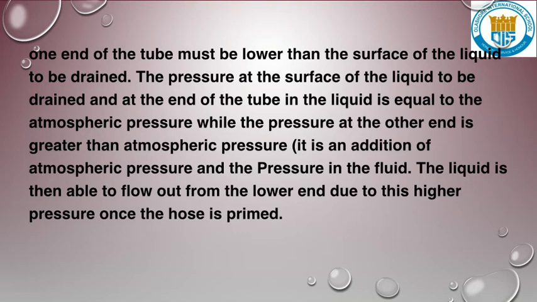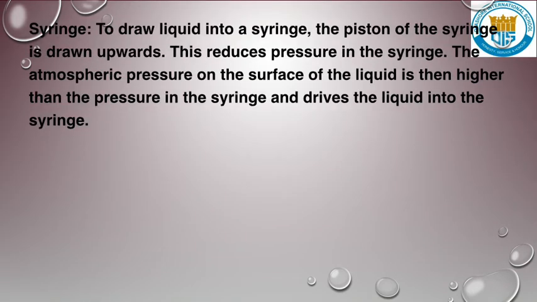Then the pressure at the surface of the liquid to be drained at that end is equal to the atmospheric pressure, while the pressure at the other end is greater than atmospheric pressure. So the liquid is then able to flow out from the lower end due to this higher pressure once the hose is primed.